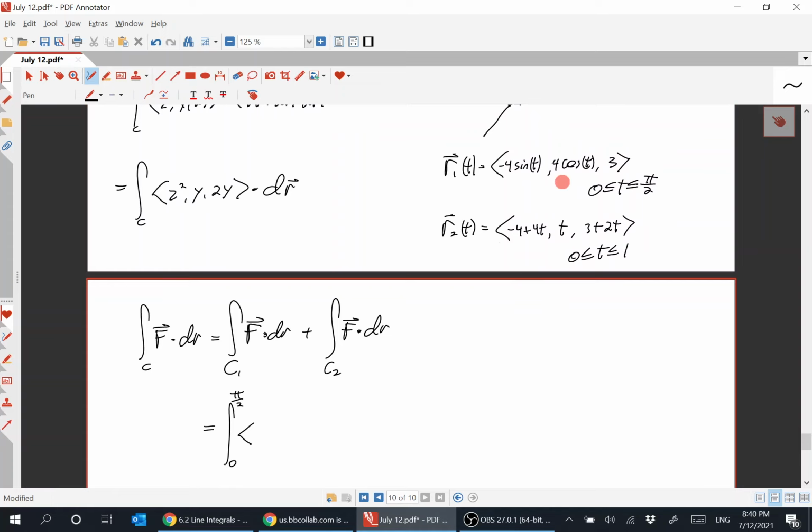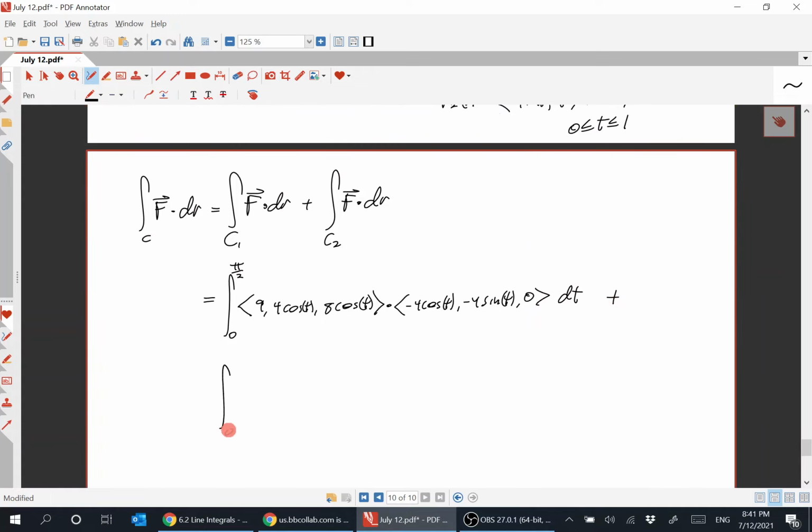So for R1, it's z squared, which is 9. y is 4 cosine t. 2y is 8 cosine t. Dot r prime is minus 4 cosine t, minus 4 sine t, 0, dt.